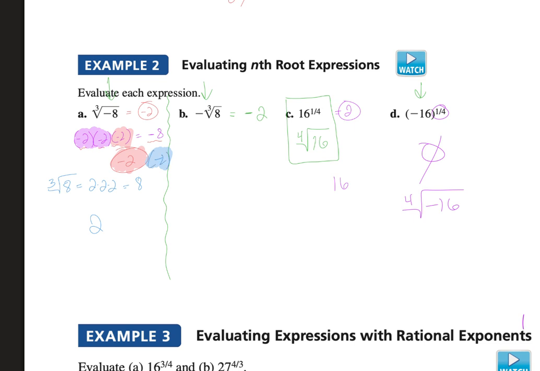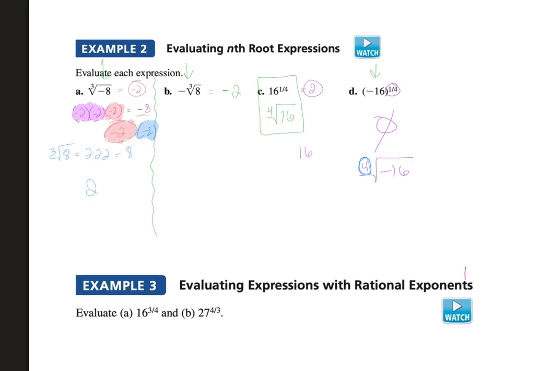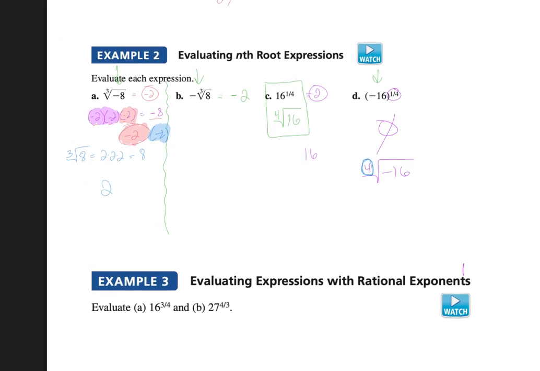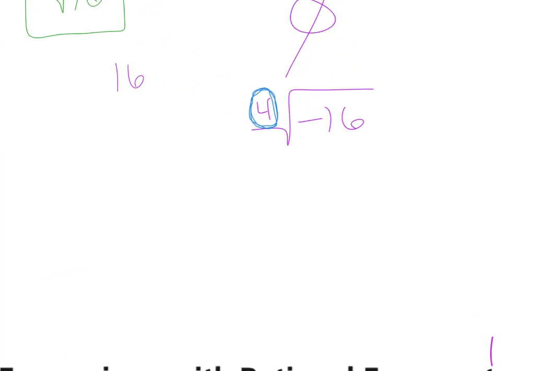We would be back to positive. So in this scenario, the index is going to control a little bit of how we get our answers, whether they're going to be positive or negative. So this is why it's no solution, because we can't do this and get -16.